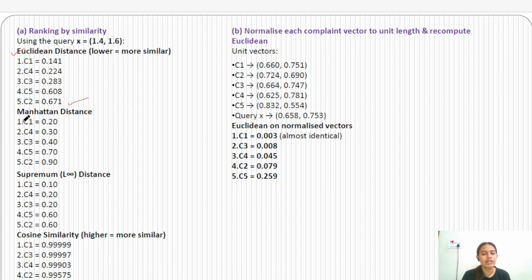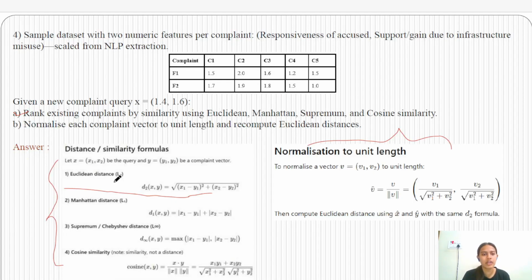Similarly, we will do all calculations of distances using the different formulas. With Manhattan, we get C1 at the top, meaning it is closer, and C2 is last, so it is the farthest point. For supremum distance, we use the same formula as given above; we just have to choose the max of it.